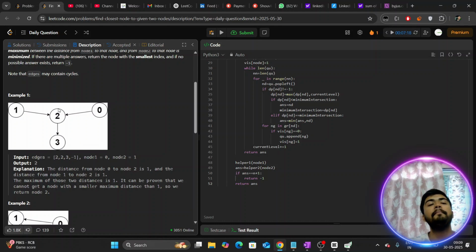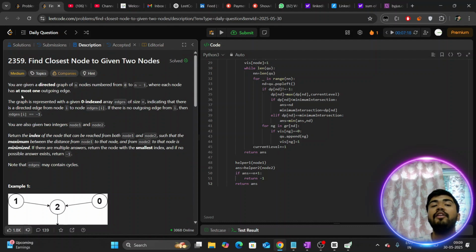But let's suppose it is a mesh graph, and from 2 to 0 there is also an edge. Then they would have to provide U V pairs. That's the reason this input format works for this example, because they have clearly mentioned that for every node there is at most a single outgoing edge.